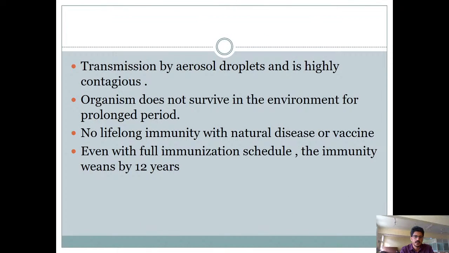The transmission is by aerosol droplets and is highly contagious. The organism does not survive in the environment for prolonged periods. There is no lifelong immunity with natural disease or vaccine. Even with the full immunization schedule, the immunity wanes by 12 years.